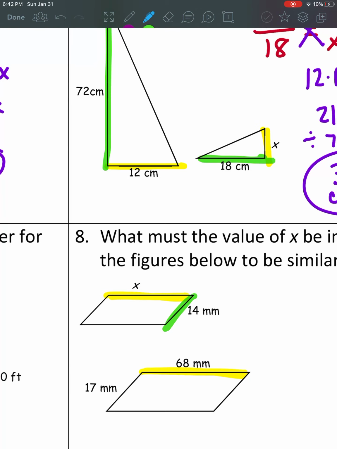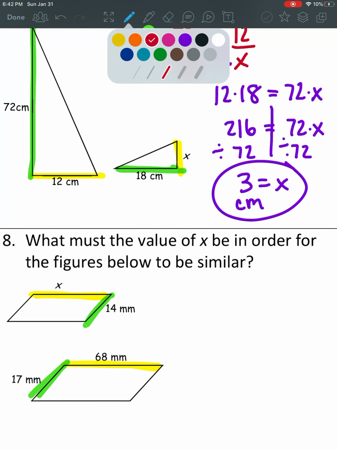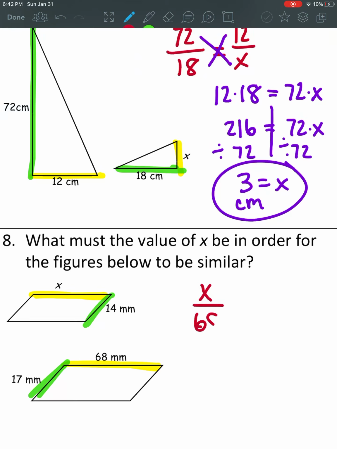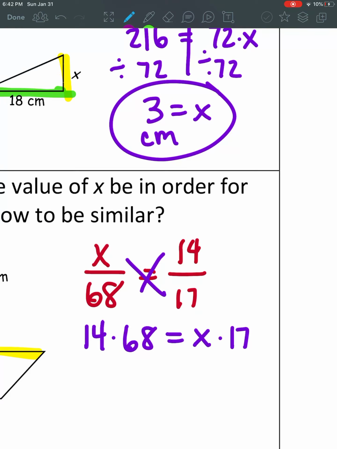And last example, conveniently, these are facing the same way. So x corresponds to 68, 14 corresponds to 17. We'll set up our proportion. x to 68 equals 14 to 17. Use our cross products.